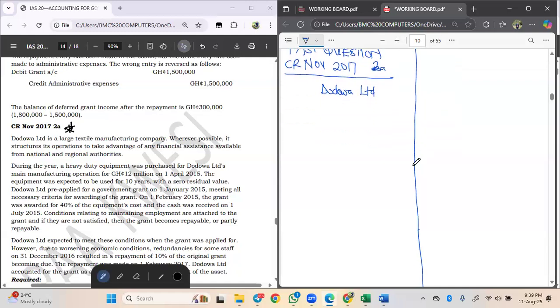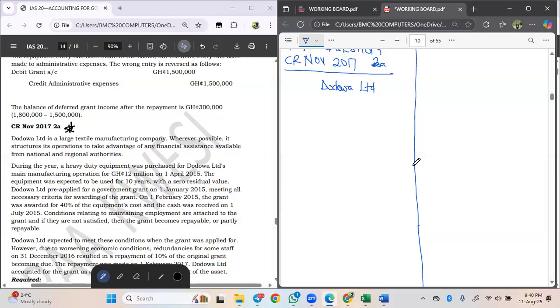Wherever possible, it structures its operation to take advantage of any financial assistance available from national and regional authorities. During the year, a heavy-duty equipment was purchased for Dodowa Limited's main manufacturing operation for 12 million cedis on 1st April 2015. The equipment was expected to be used for 10 years, with a zero residual value.